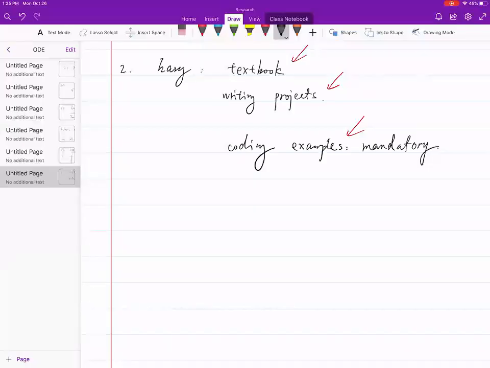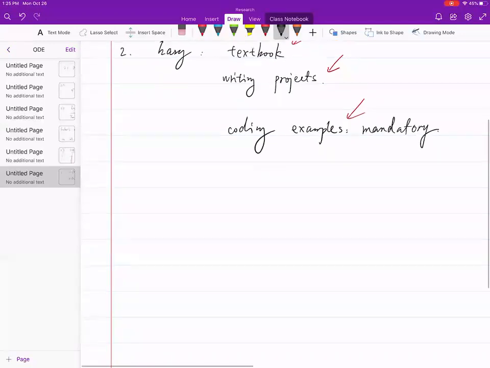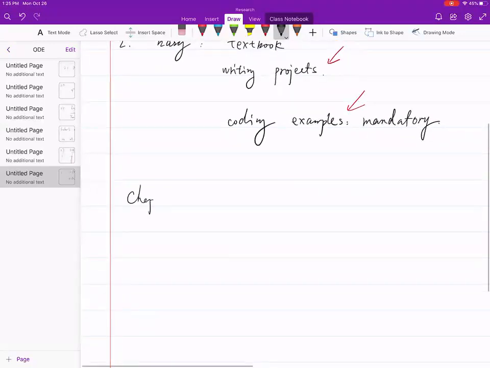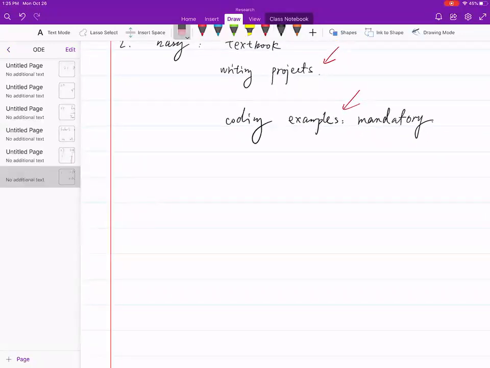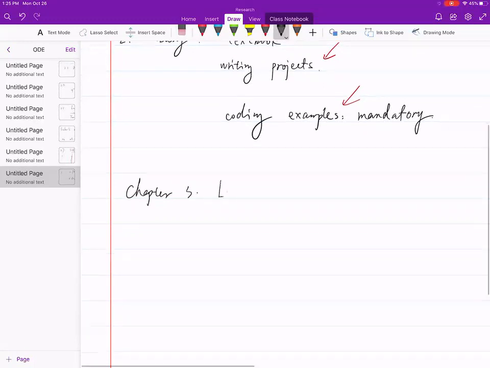All right, so chapter 2 is over. Chapter 3. Finally, we're talking about systems in general that we can handle. Linear systems.